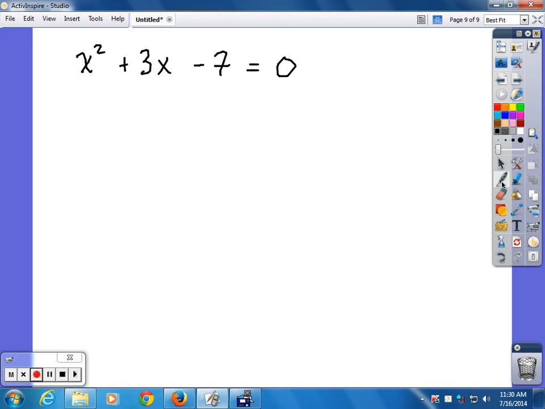Hold on. I'm gonna get you there. X squared plus 3x plus blank is equal to 7 plus blank. There's about 3 types of students here. The first student goes, okay, 3 divided by 2 is 1.5, 1.5.